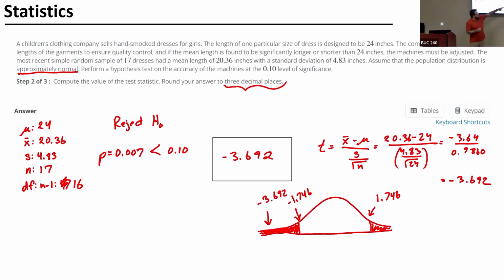But either way, this sits deep inside your rejection region. So no matter what, both ways will give you the correct answer. It's just with the t-score, you've got to look at your table or do it on your calculator. Remember your calculator, you can use your inverse T button. So just be warned, just be ready.